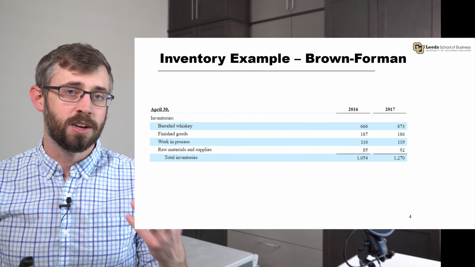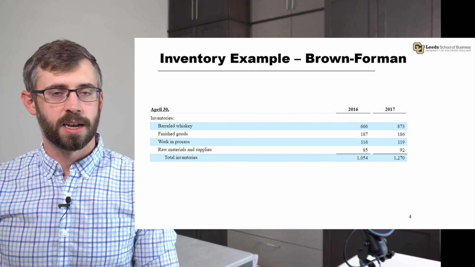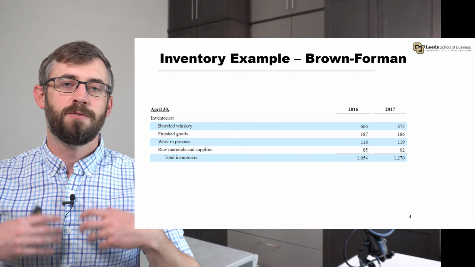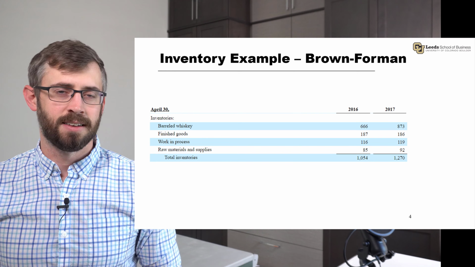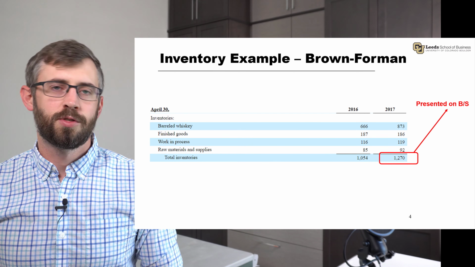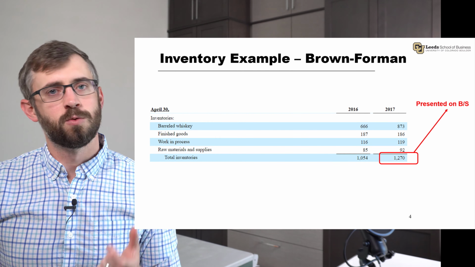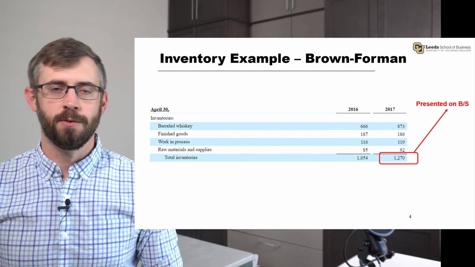And so that could include things like barreled whiskey when it has to age for a while before it can be sold. So it includes stuff before it's ready for sale as well as the finished goods that they are waiting to sell. And this about $1.3 billion, the final number, the sum of all of them, is what's going to be presented on Brown-Forman's balance sheet.